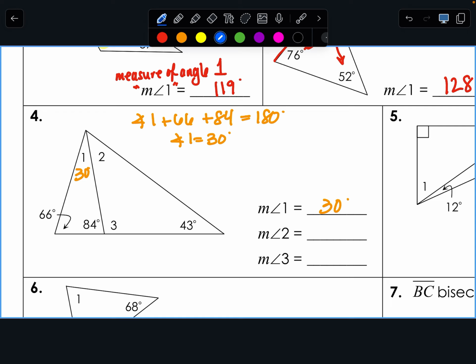Notice that angle 3 is the exterior angle for that triangle, right? So then I can say that angle 3 equals 66 plus 30. So angle 3 equals 96 degrees. So now I've got 96 degrees.